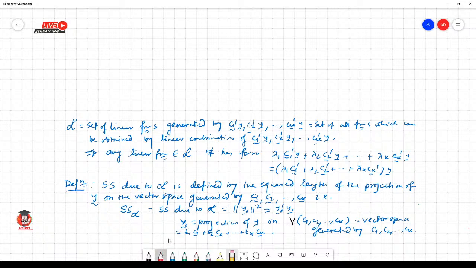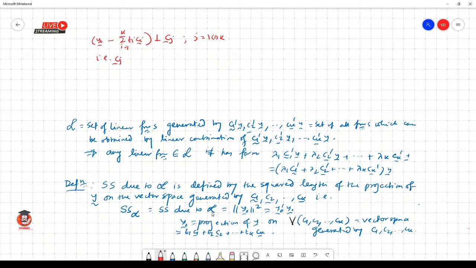Now y naught curl minus the sum over i from 1 to k of ti ci curl is orthogonal to Cj curl, for j from 1 to k.